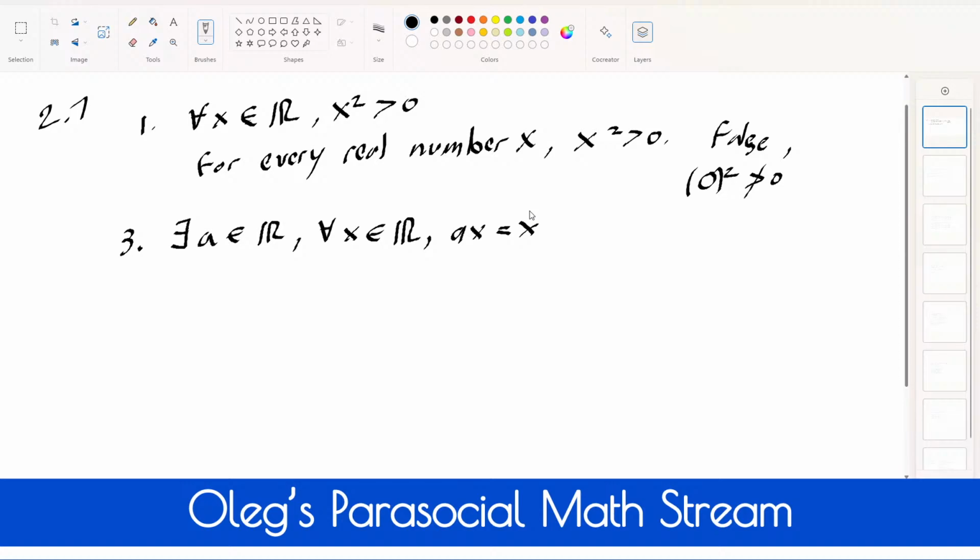One more time: there exists a number A in the real set such that for all numbers x in the real set, A times x is equal to x. One more time: there exists a number in the real set such that for all numbers in the real set, A times any number is equal to x.